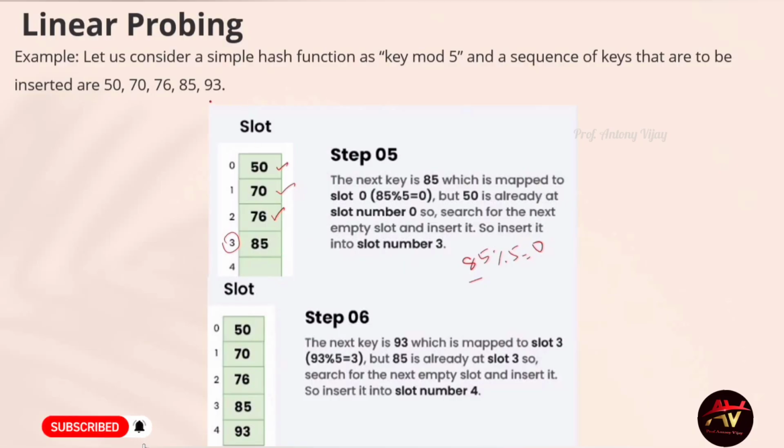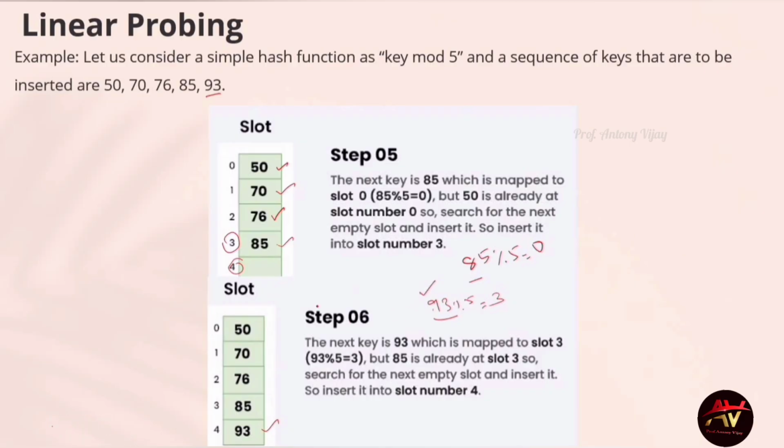After that, the last key is 93. 93 modulo 5 gives a remainder of 3, but 85 is already there. The only index remaining is index 4, so that slot is filled with 93.